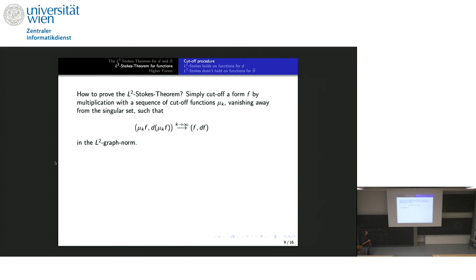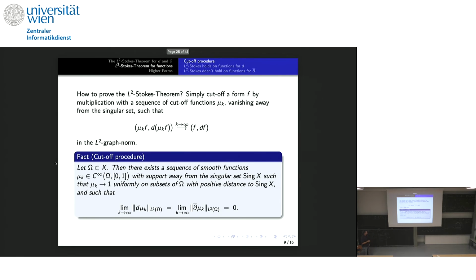I just cut it off by this, and ask the question, does it converge in the graph norm? Maybe it doesn't, then everything is fine. And actually, there are nice cutoff functions with support away from the singular set, converging uniformly to one on subsets of positive distance to the singular set of X, and the D of it and the D bar of it behave well in the L2 sense.